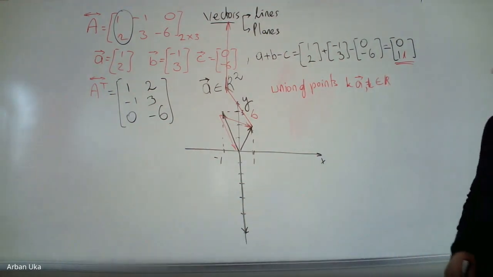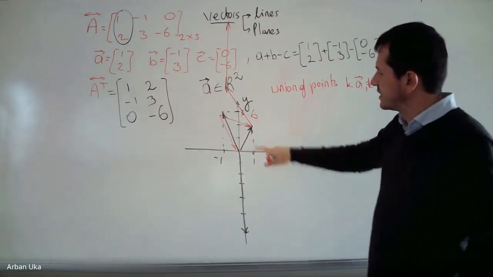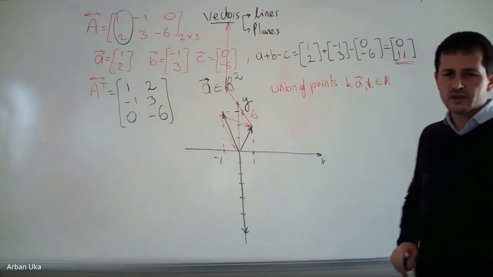So, what can you construct if you just, k is a constant, A is this initial vector. So, any answer for this?